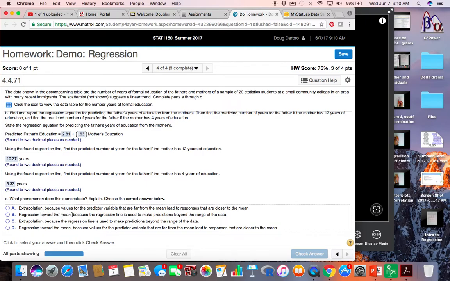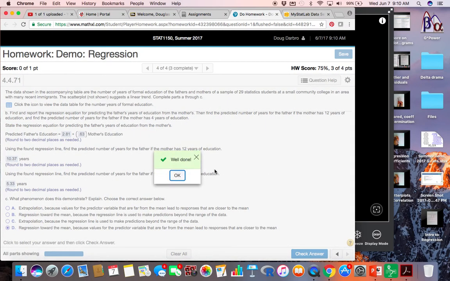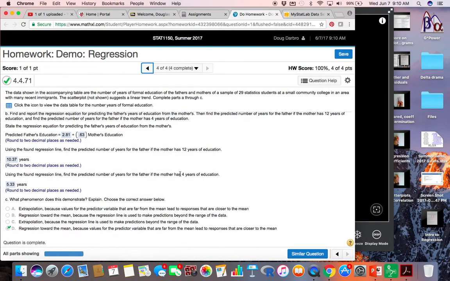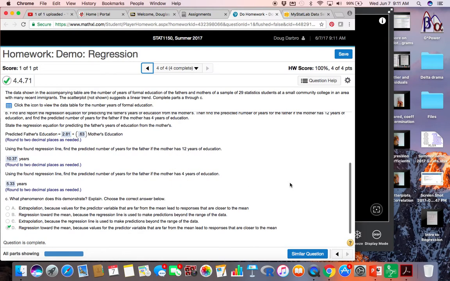D says regression toward the mean because the regression line is used to make predictions beyond the range of the data. Well, guys, our answer has to be D because nothing else makes sense. It's not extrapolation, so cross out A and C. And regression toward the mean because the regression line is used to make predictions beyond the range of data, but it's not. 4 and 12 are both in our range of data.